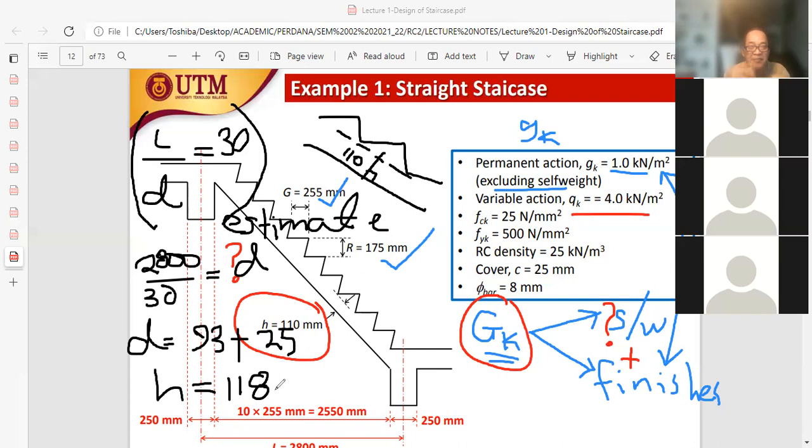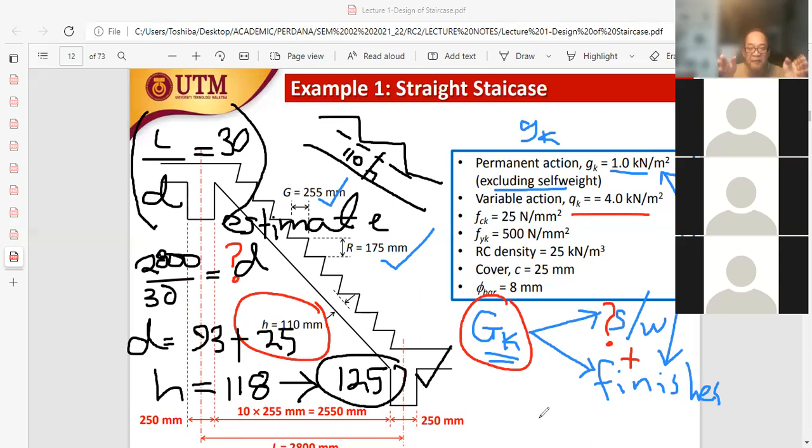Semua in multiples of 25. Bermakna from 118 ni, I would then choose my H to be approximately 125. This would be my selected value of thickness for the staircase.